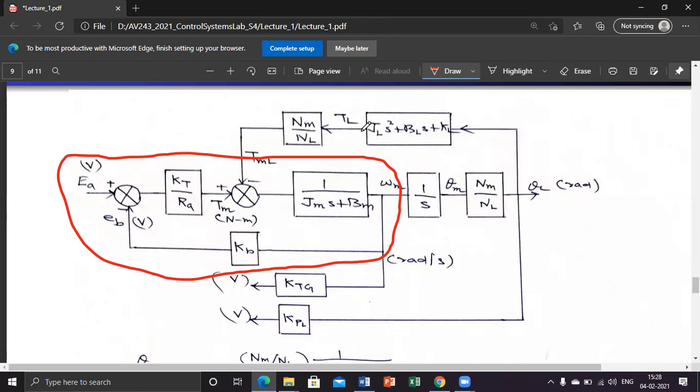So the total transfer function of the inverse dynamics of the load is JL s squared plus BL s plus KL, assuming that the load also starts from rest with zero position. Hence, giving the Laplace transform of theta L as input, we get the Laplace transform of the torque as output. This is known as the inverse dynamics of the load. So if you give theta L, you will get TL.